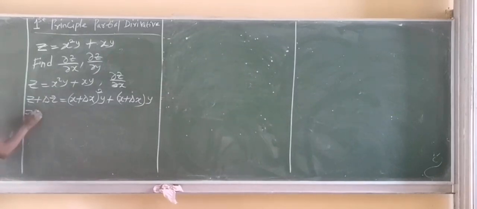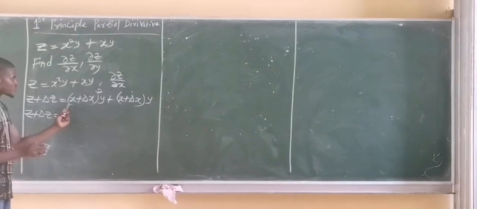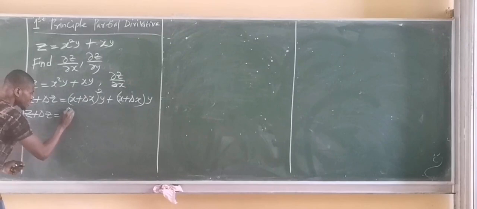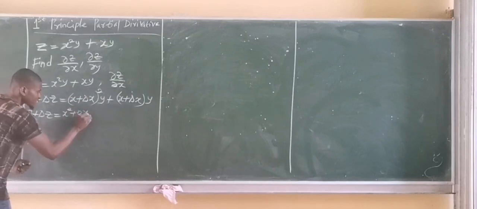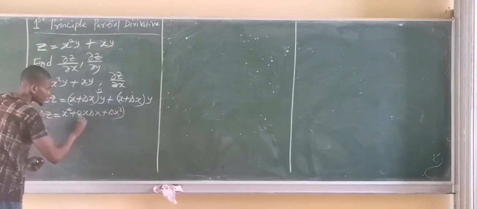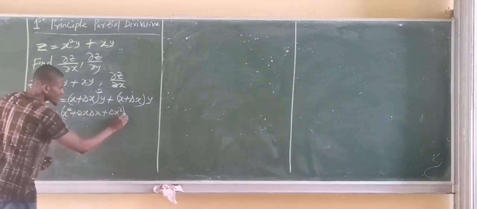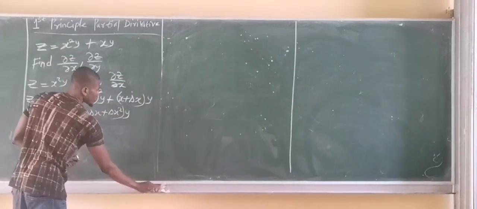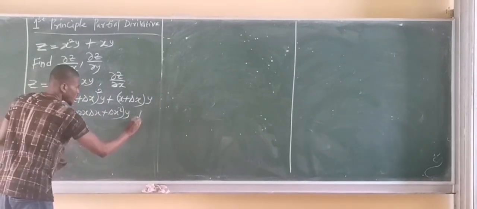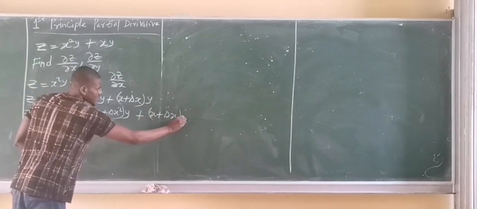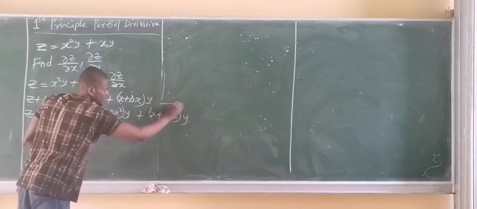Okay, so z plus change in z is now equal to, if I expand this bracket, x plus change in x all squared, I'm going to have x squared plus 2x change in x plus change in x all squared, multiplied by y, plus x plus change in x multiplied by y.